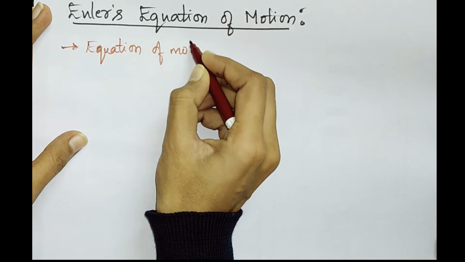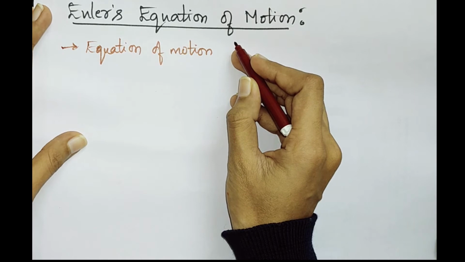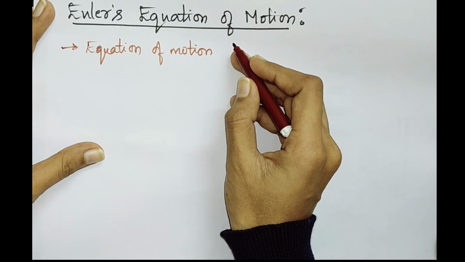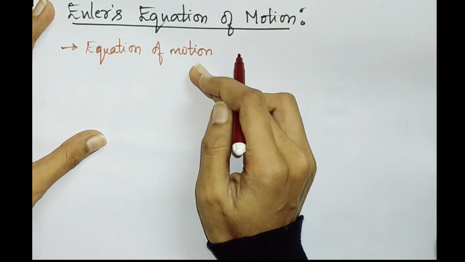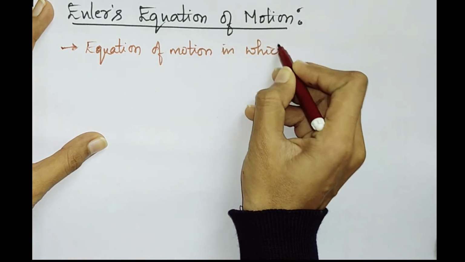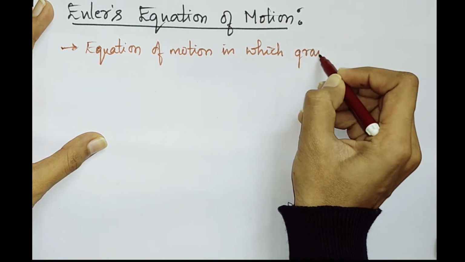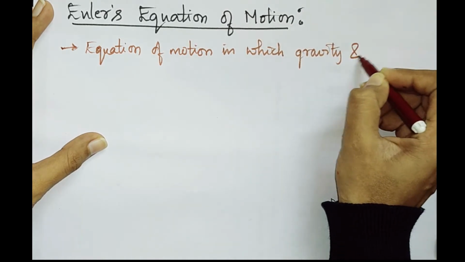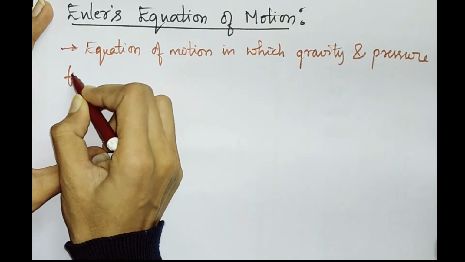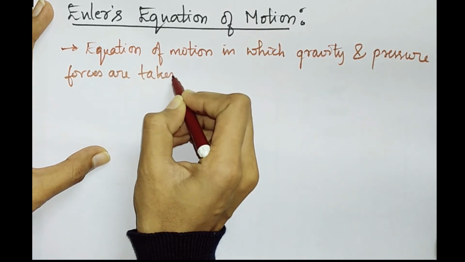As we know, we have various equations of motion, that is Euler's equation, the Navier-Stokes equation, and other different types of equations of motion. Here, this is an equation of motion in which gravity and pressure forces are taken into consideration.